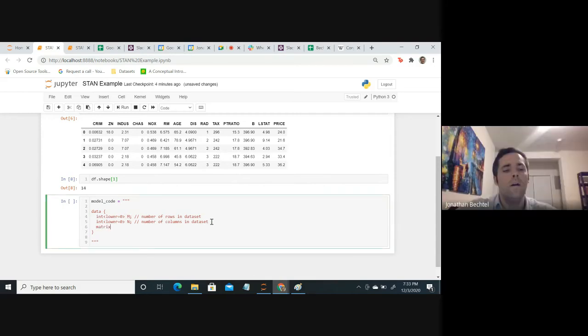All right, we also have X. The idea is X is going to be a matrix which has M rows and N columns.